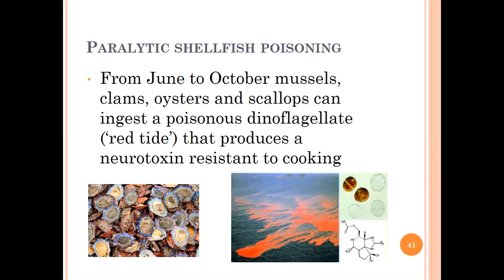The main effect of this toxin is affection of the nervous system, a neurotoxin. And consider its resistance to cooking, like Staphylococcus aureus toxin is resistant to boiling. The one way to prevent food poisoning with paralytic shellfish toxins is to stop catching seafood in the period of red tide in oceans.